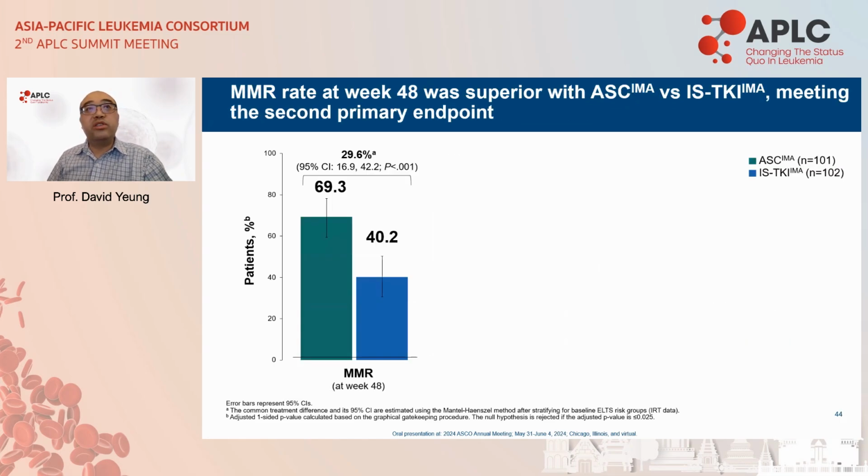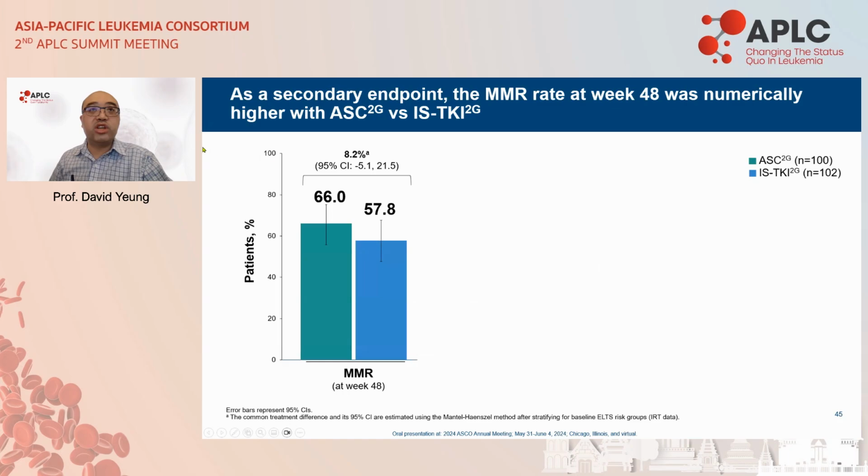If we look more closely at the data, especially with regards to the primary endpoint, the difference in MMR achievement is driven by the difference between imatinib treated patients, 40%, versus asciminib treated patients, 70%. Because if we actually look at the second generation TKI, the difference is much smaller.